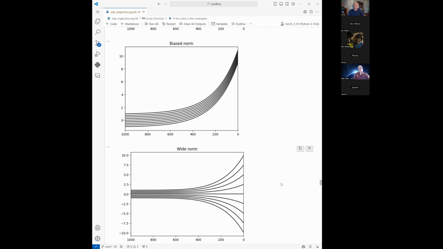In the second one, I start with a prior of 1 standard deviation, and it goes out to a 10 for the data. So you can see that again we're flowing in reverse time. We're starting on the left in the prior, sampling that, projecting it back through time to t equals 0, and we end up with this wide distribution on the data at time t equals 0. Does that make sense?